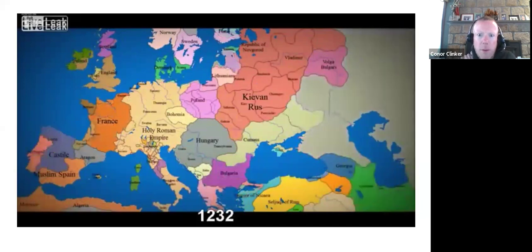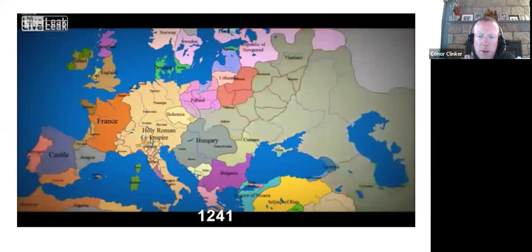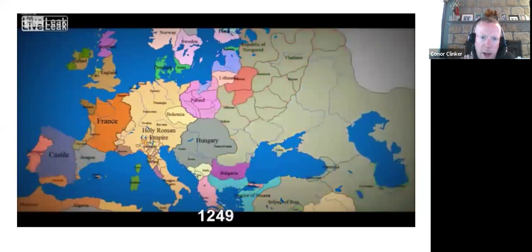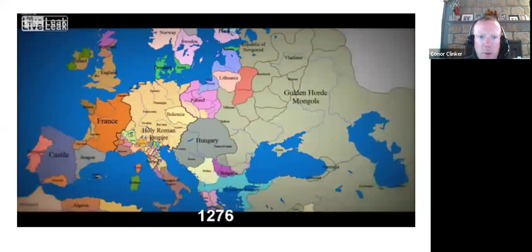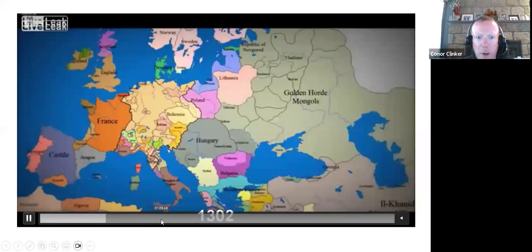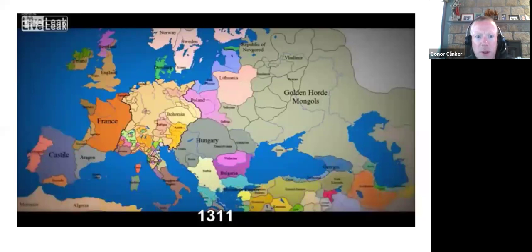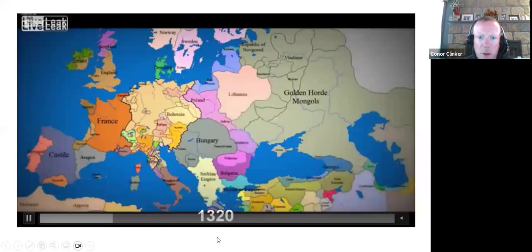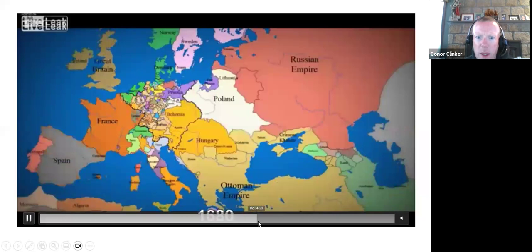And borders all over the world, wherever it is, Europe, Africa, the borders and the nations on the map change over time. Sometimes borders move, sometimes they entirely disappear. Sometimes nations combine with other nations. Sometimes nations split up into smaller and smaller groups. So you get the idea here.